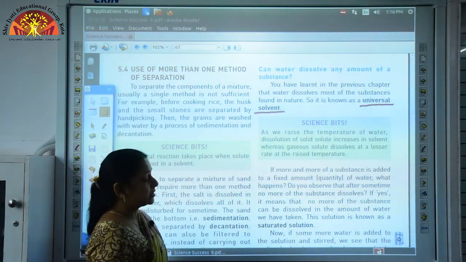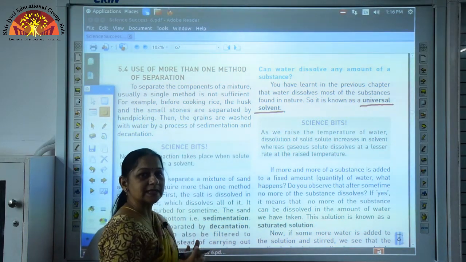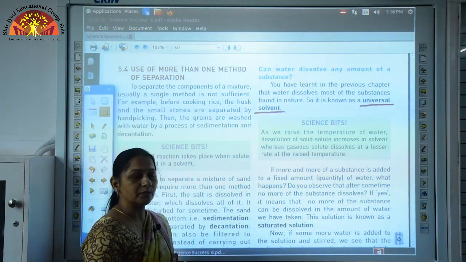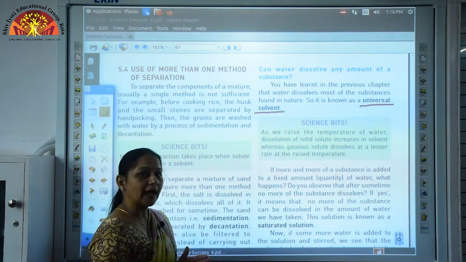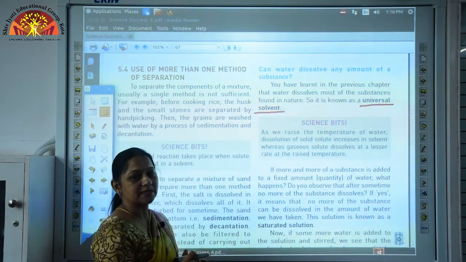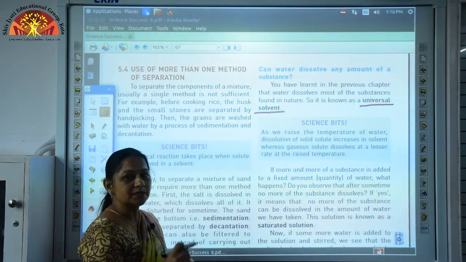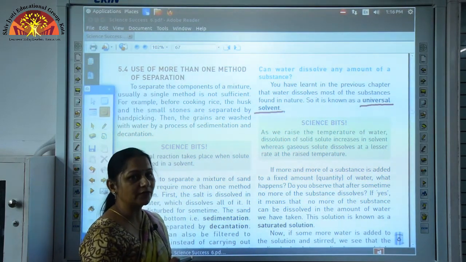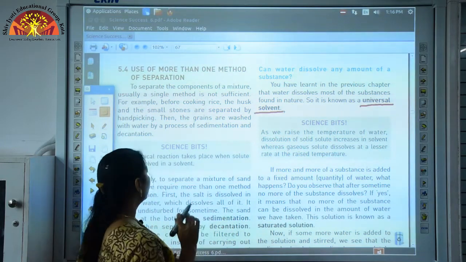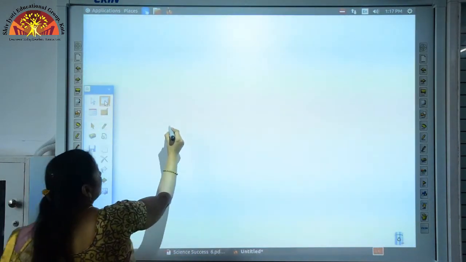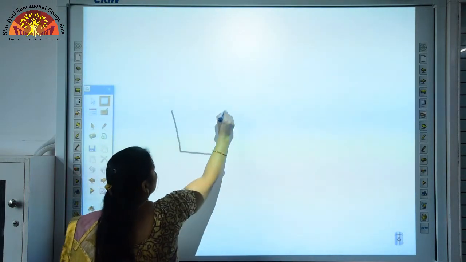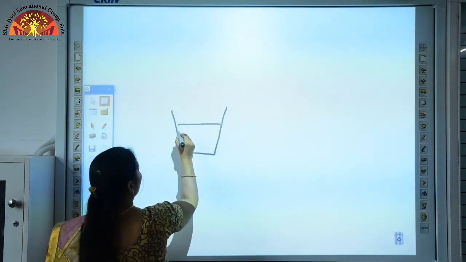Now, if more of the substance is added, what do you observe? When we add the substance, it dissolves. On adding more and more of the substance, it stops dissolving. Have you ever noticed that? Take for example a glass of water.